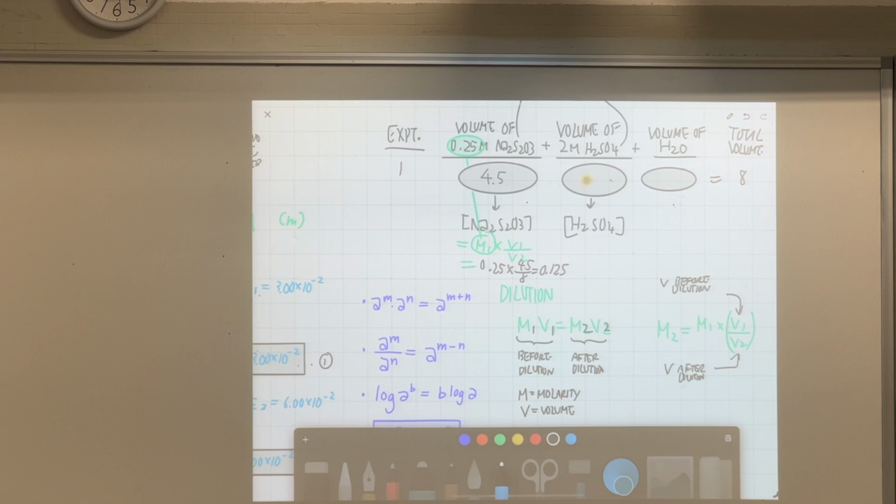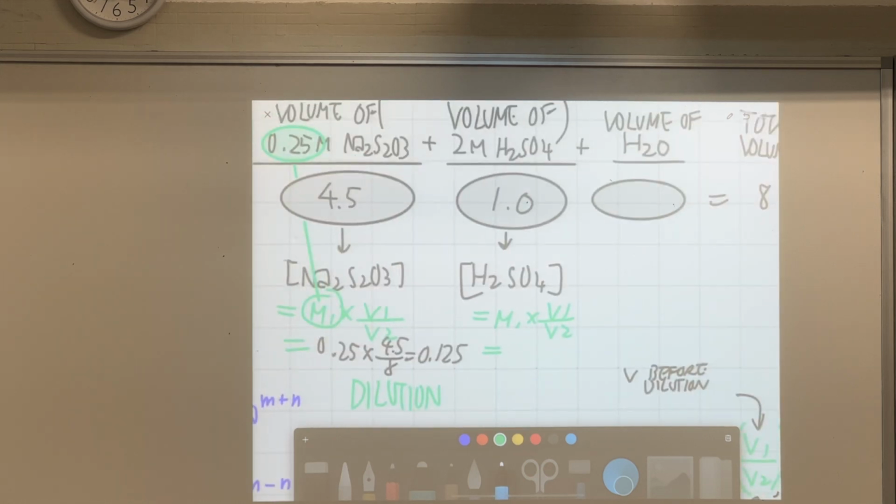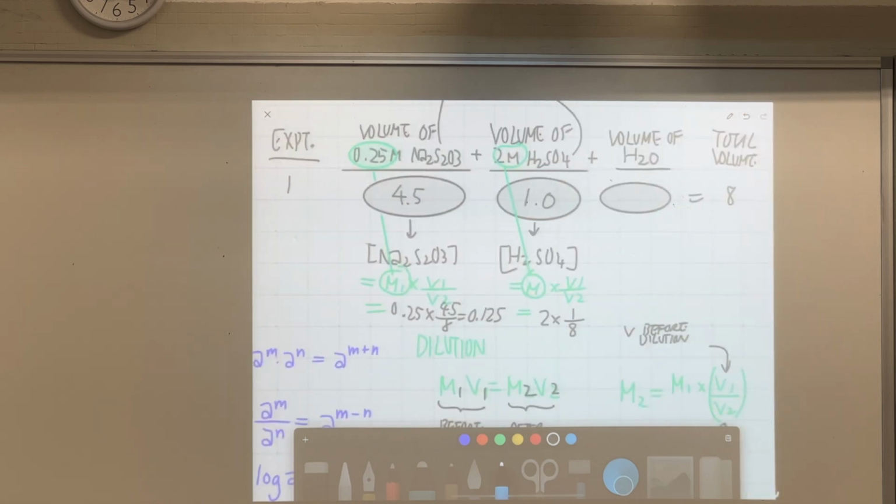What about H2SO4? What is the number here? This is 1, right? So therefore, what would the equation become? M1 times V1 over V2. What is M1 first? 2. So M1 is 2. So 2 times... The volume is changing, it is 4.5. It's not 1.